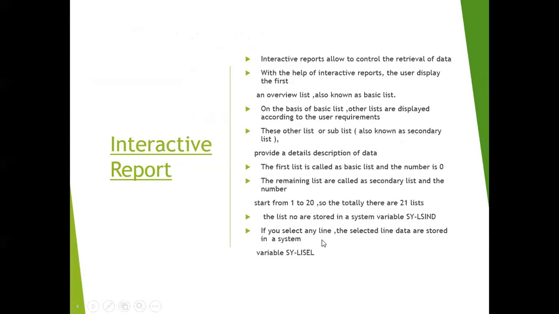So these are two very important system variables: SY-LSIND stores the index value or list number, whereas SY-LISEL stores the information of the particular line item. Okay, got the point?